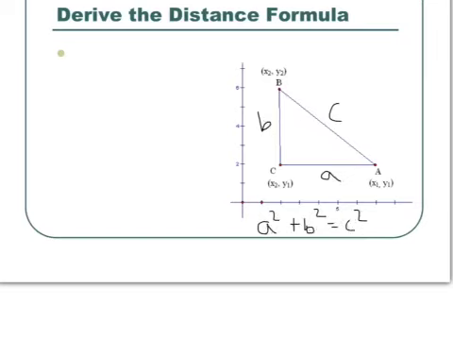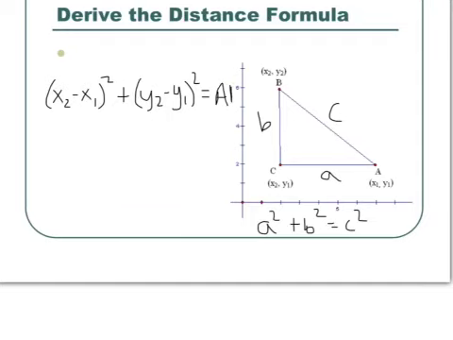So for A, we have x2 minus x1 squared, and for B, we have y2 minus y1 squared. And then for our segment, we just have AB squared.